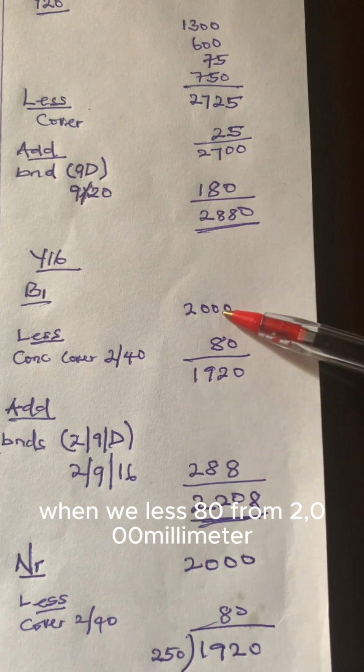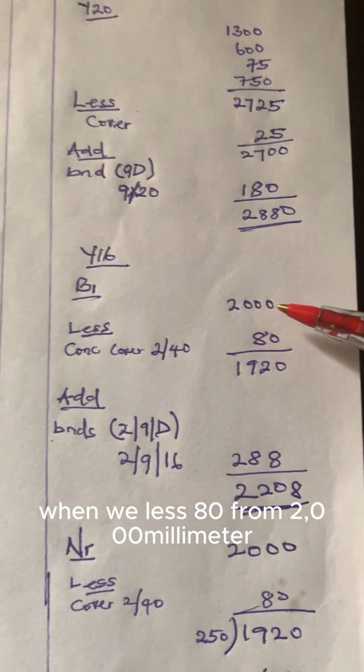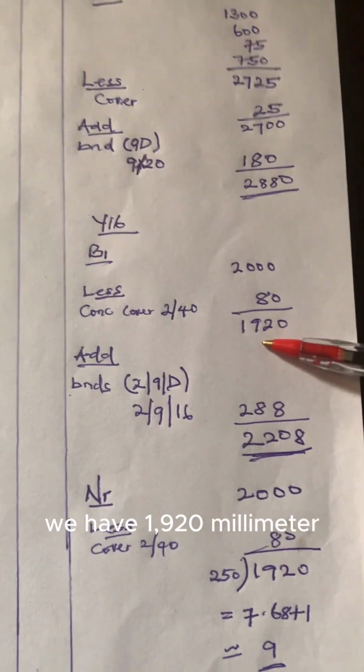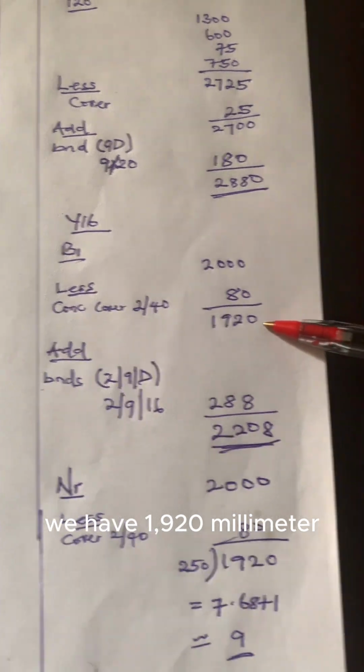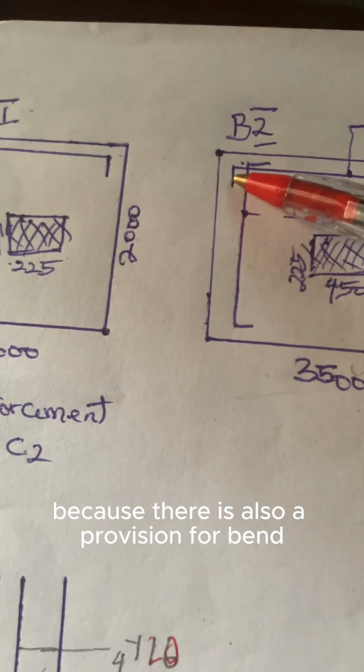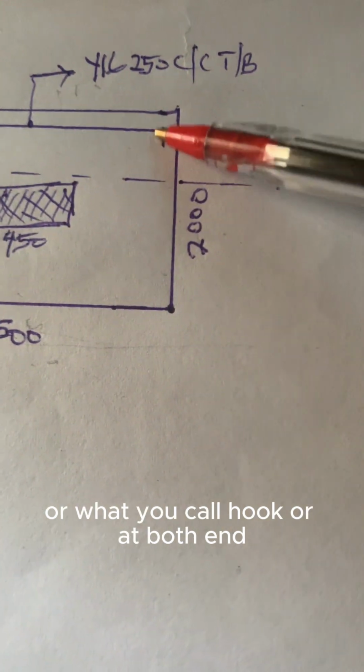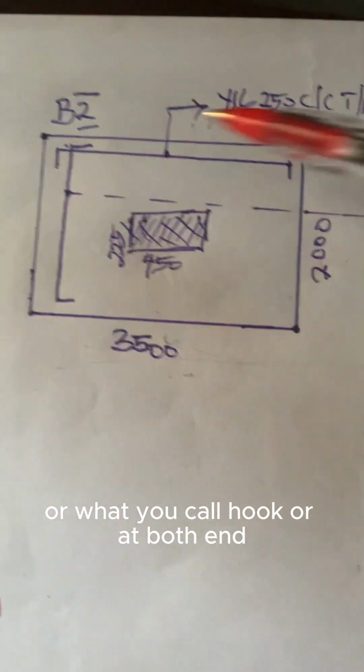So we deduct the concrete cover, which is 2 times 40 to give us 80. When we deduct 80 from 2000 millimeter, we have 1920 millimeter, and this is not the actual length because there is also a provision for a bend, or what you call a hook, at both ends.